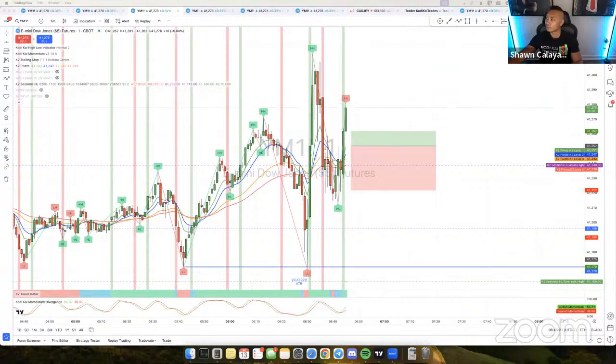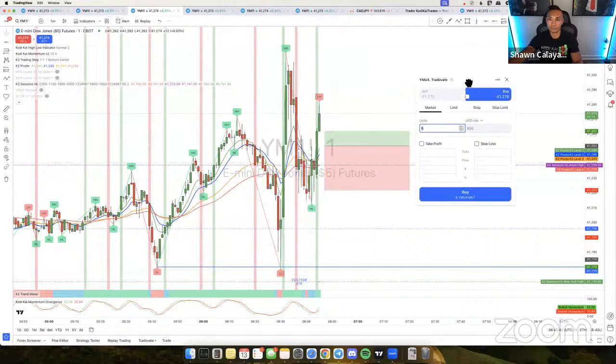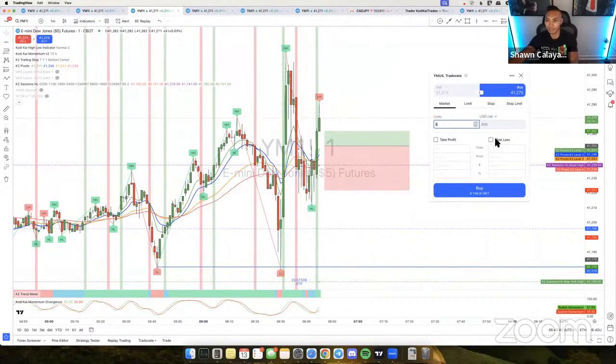Let's see, Stanley said, what lot size equals 1,000 per point for TraderBait Ninja Trader? We don't use lot sizes in futures, Stanley. We use contracts. So 1 contract is equal to $5 per point. I don't even think you could risk 1,000 per point. That's, I mean, you have to take a ton of contracts.